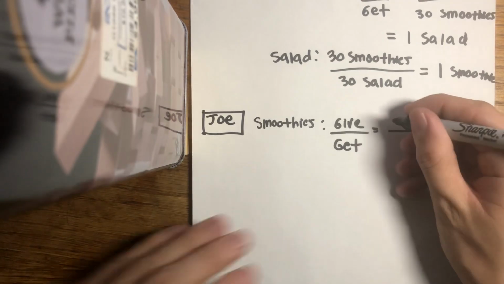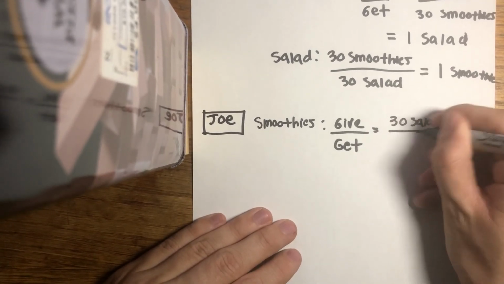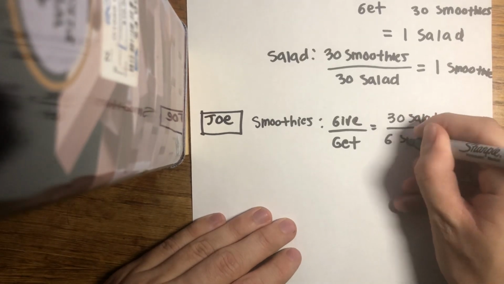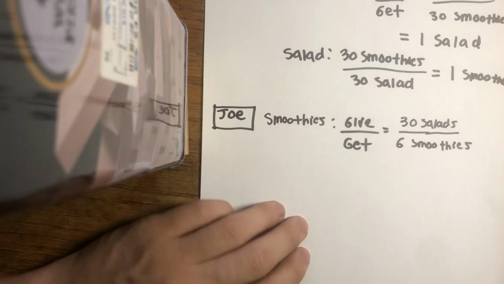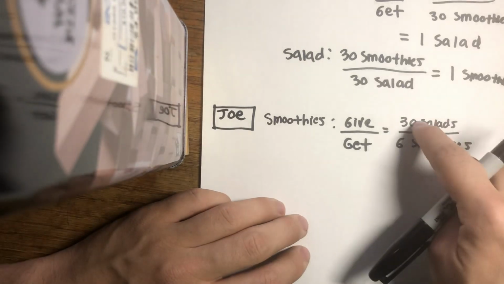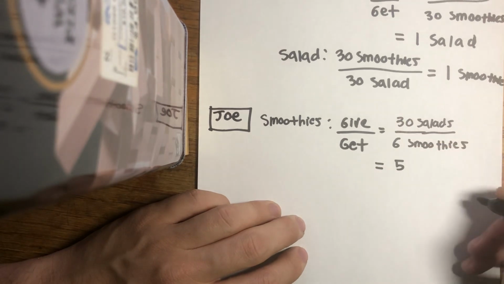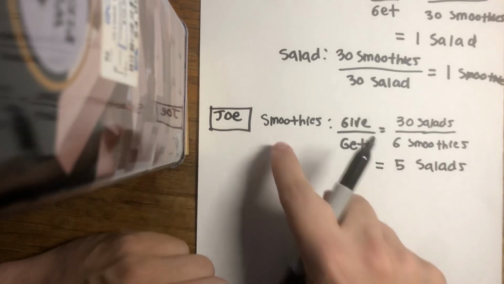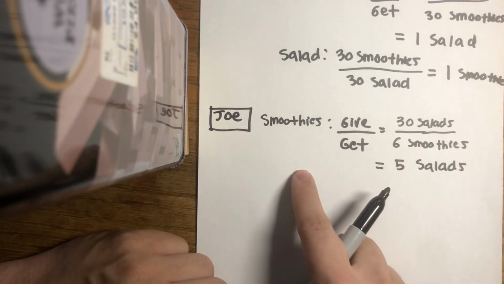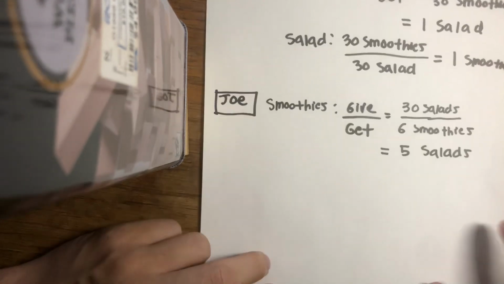He has to give up 30 salads in exchange for 6 smoothies. We just do the math, and as a result, his opportunity cost is 5 salads. So this basically means that to get one more smoothie, he has to give up 5 salads. One smoothie is worth 5 salads.